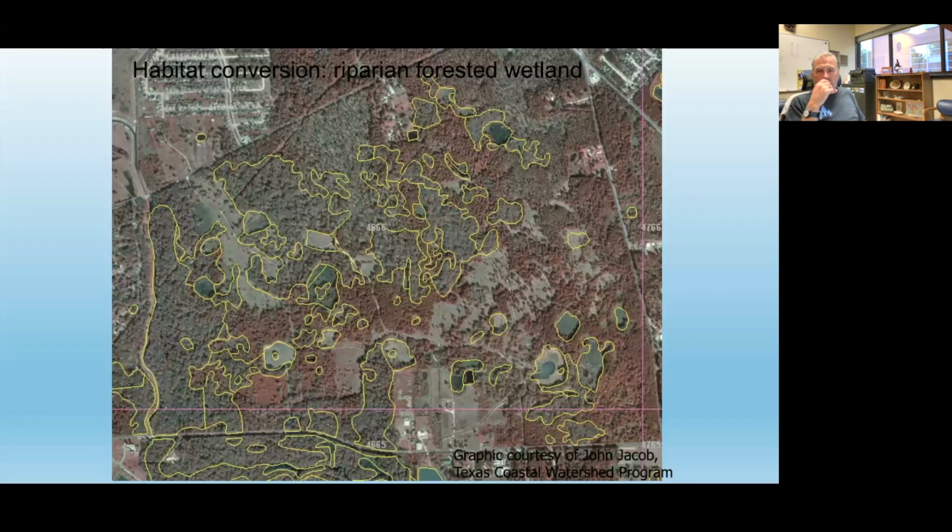This is an aerial image that has an overlay of the National Wetlands Inventory Maps, or NWI maps, overlaid on it. Inside of these yellow lines are areas that via the NWI would be identified as wetland environments, meeting all of those wetlands criteria.